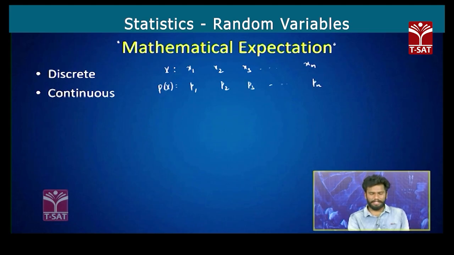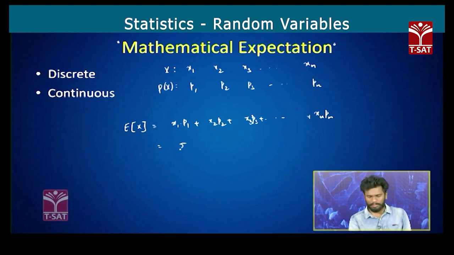Now, mathematical expectation is denoted by E of X. We read that as expectation of X, which is given by the product of the random variable and the corresponding probability, that is x1 into p1, x2 into p2, x3 into p3, so on xn into pn, and we have to add all these products, which will be equal to the summation i is equal to 1 to n of xi pi.